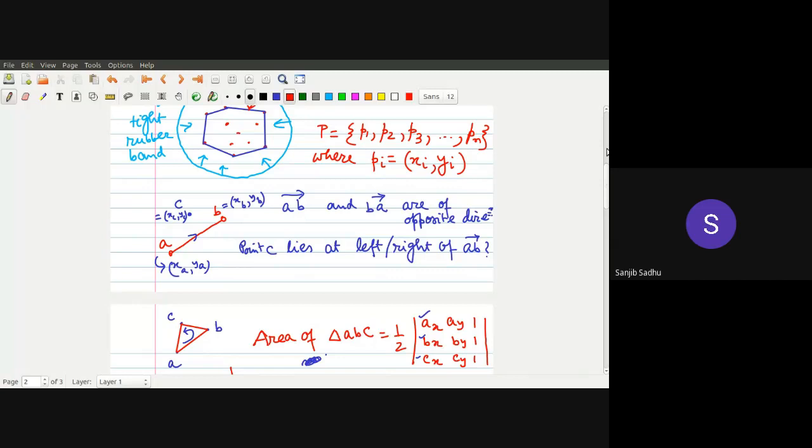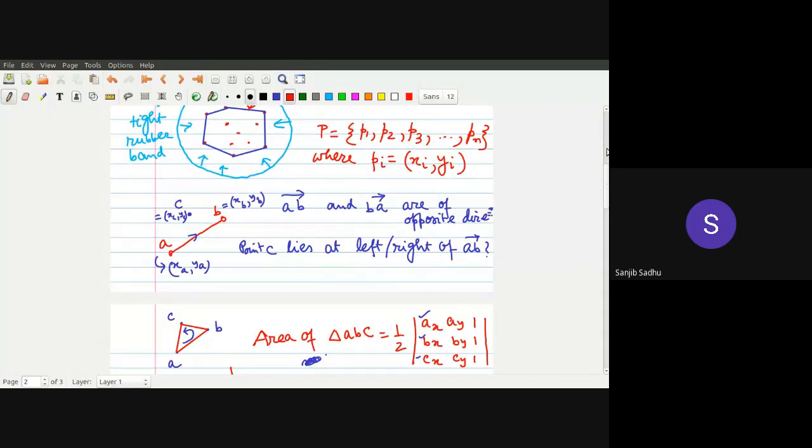Yes, sir. So now you know in constant time I can compute whether a point lies on the left or right.